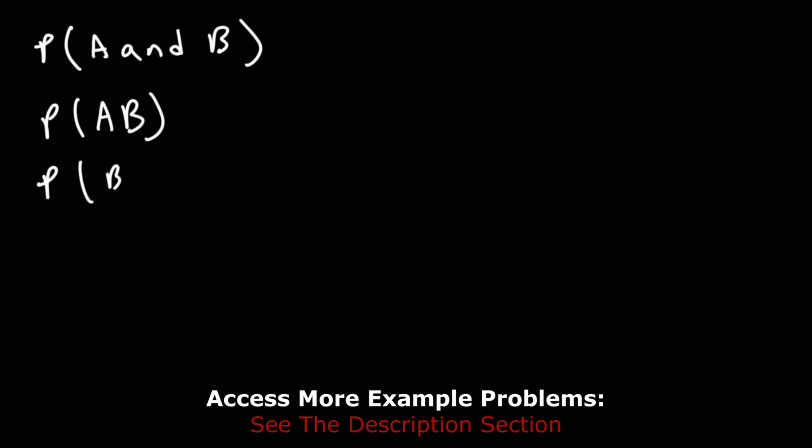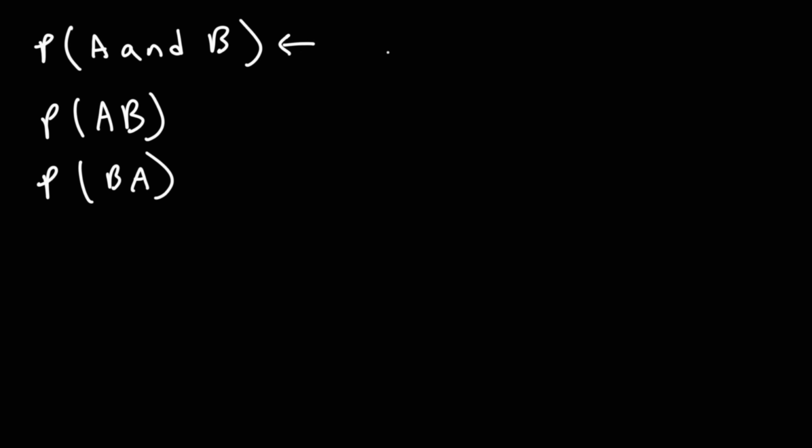Now let's make a distinction between the probability that event A and event B will occur, the probability of AB, and also the probability of BA. When you see this, this means the probability of A intersecting B, and these events, A and B, are occurring simultaneously at the same time.